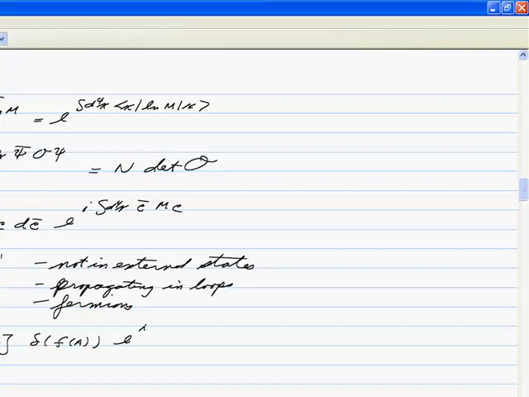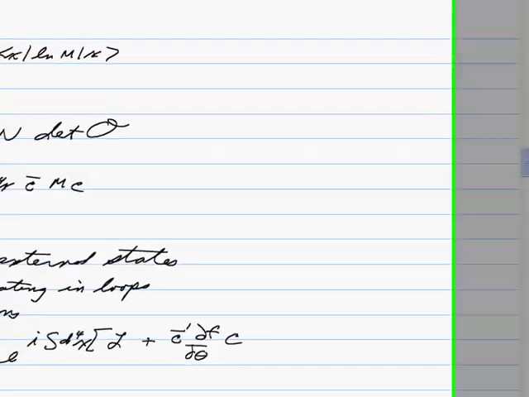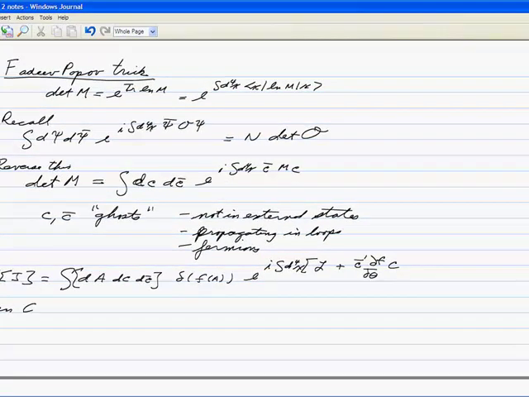So we would have e to the i integral d4x, the usual Lagrangian, plus c bar, the determinant was dF d theta, c. So if you recall in QED, we calculated dF d theta is del squared.